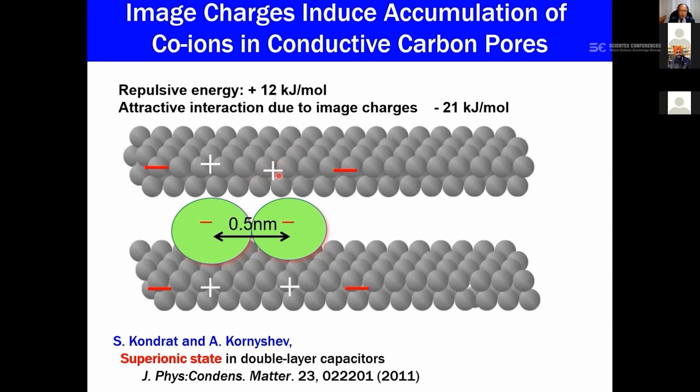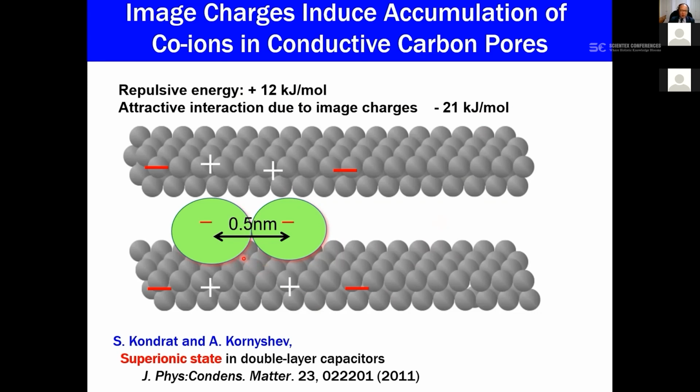Then the image charge can attract this anion. Such an attractive interaction is minus 21 kilojoule per mole, almost twice the repulsive energy. Then the anions can associate with each other in very narrow pores, which is a special reason for giving high supercapacitance.